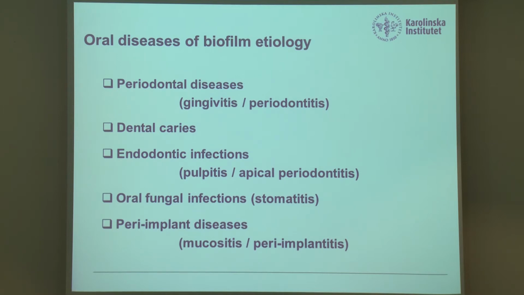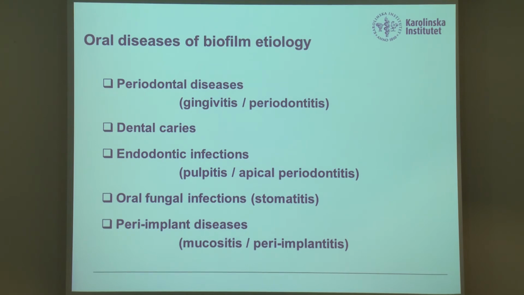If dental caries become deeper, they would eventually reach the pulp space of the tooth and may cause pulpitis and a necrotic pulp. And if this infection spreads further, outside of the apex of the tooth, then that will result in apical periodontitis. We also have oral fungal infections, stomatitis. These are more frequently associated with denture wearers or with immunocompromised patients, or they are an outcome of increased antibiotic resistance.